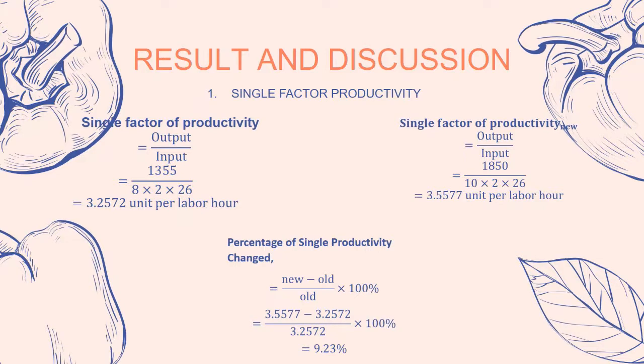So we calculate the percentage. The single factor productivity increased by 9.23%. It shows that it is more productive when the working hours are increased.